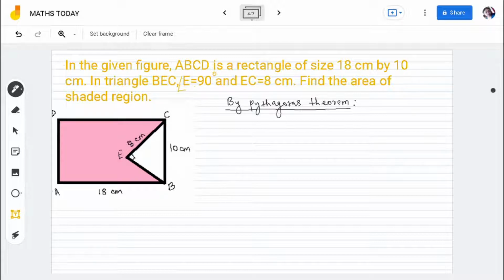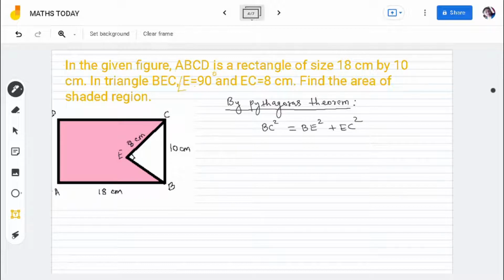The side which is opposite to the 90-degree angle. Here angle E is the 90 degree and its opposite side is the hypotenuse. So here we can write BC square is equal to BE square plus EC square. This is the Pythagoras theorem. Using this theorem, we will find out BE.